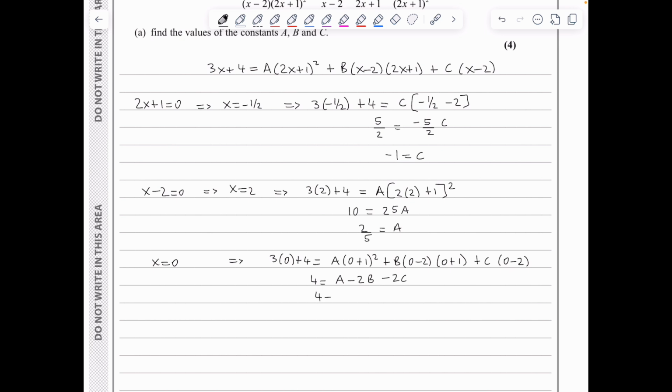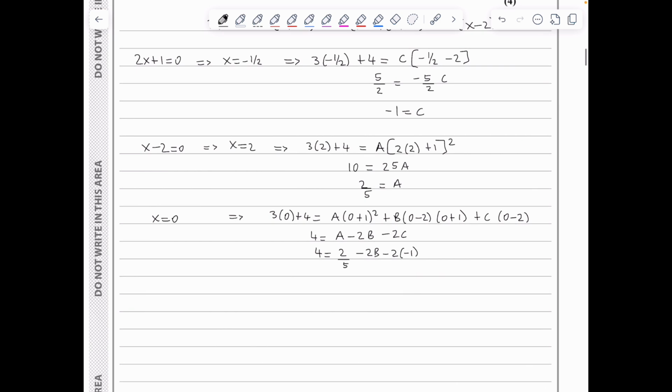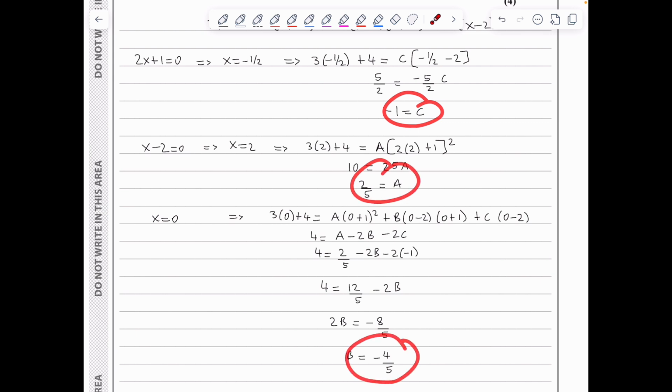Well, we know that a is 2 over 5, minus 2b, minus 2 times the negative 1, which is the value for c. So we get that 4 is equal to 12 over 5 minus 2b, and therefore we get that 2b is equal to minus 8 over 5, which means that b is equal to minus 4 over 5. So we have just found the values for a, b, and c.